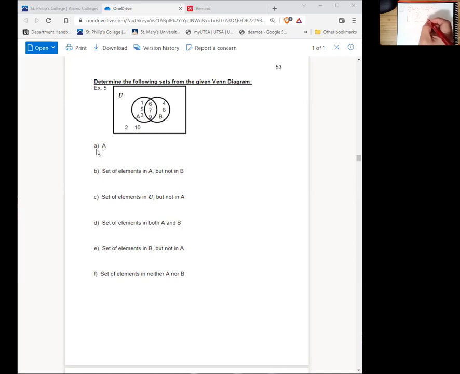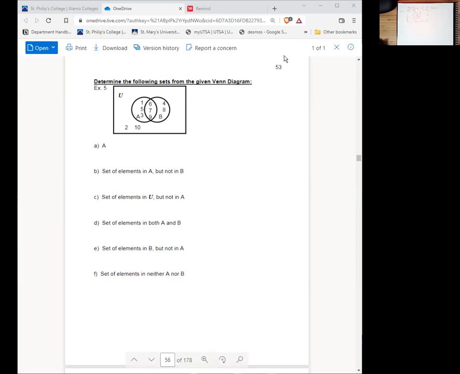So the 6, 7, 9 in the middle, 4, 8 over here, and 1, 5, 3 over here. They call this one A, and this one B.